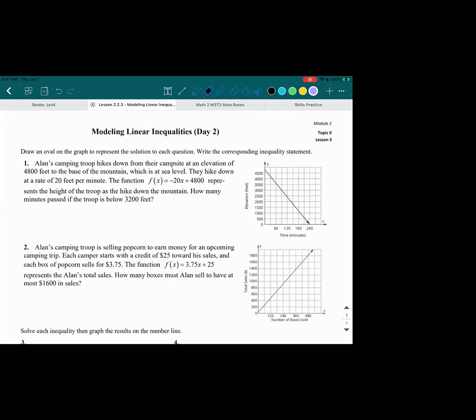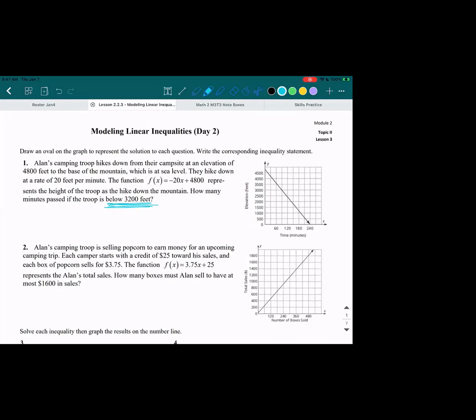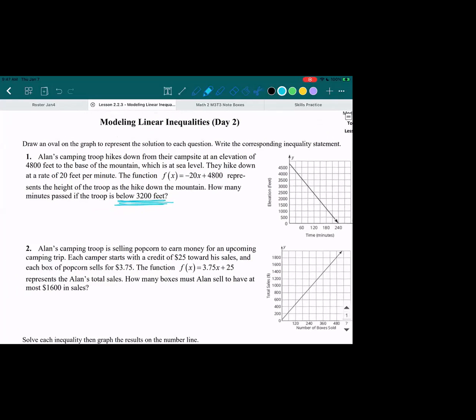Okay, so we're going to have to draw an oval on the graph. So we're going to circle the section of the graph that represents the solution. If we want to know how many minutes have passed if the troop is below 3,200 feet, then you're going to look at the graph and find 3,200, which is, wow, it's going to be hard to see.